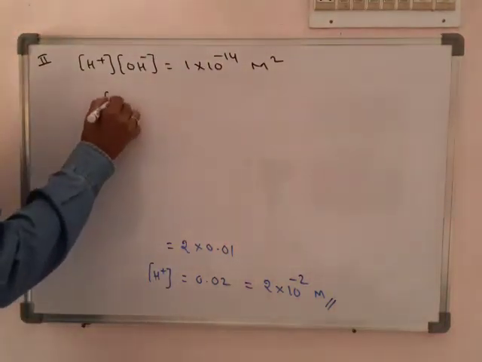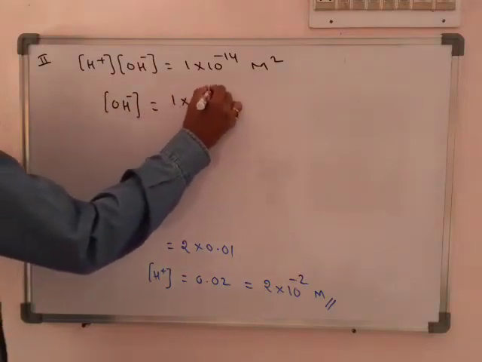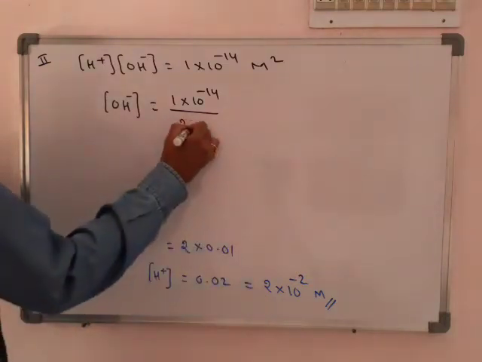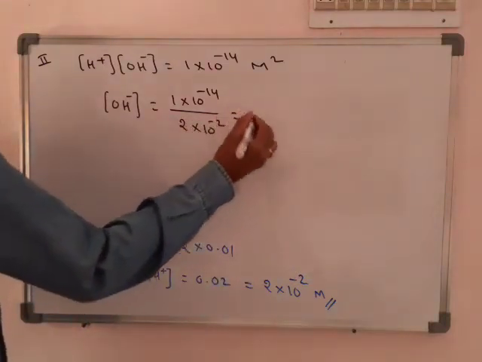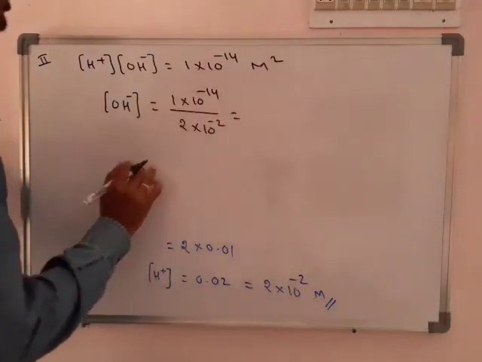So we have to calculate OH minus. That is 10 power minus 14 by H plus. H plus is how much? 2 into 10 power minus 2. Here moles square, moles will cancel, remaining moles will be there.